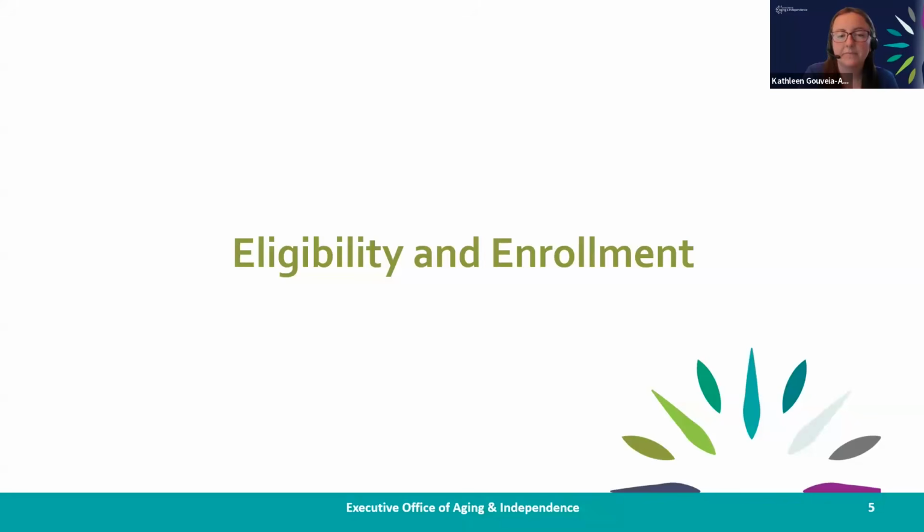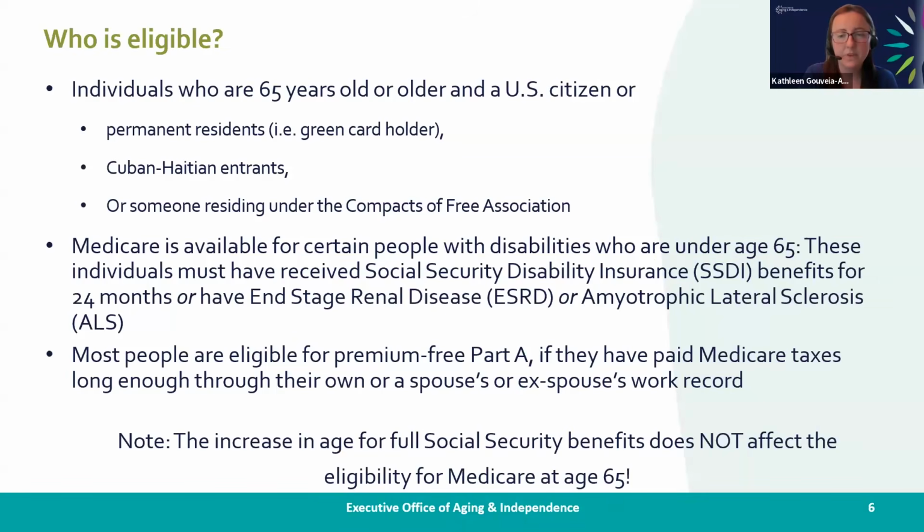Eligibility and enrollment. Who is eligible for Medicare? Individuals who are 65 years or older and a U.S. citizen or permanent residents, for example, green card holder, Cuban Haitian entrants, or someone residing under the Compacts of Free Association. Medicare is available for certain people with disabilities who are under age 65.